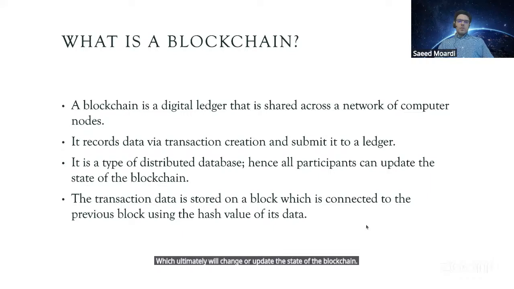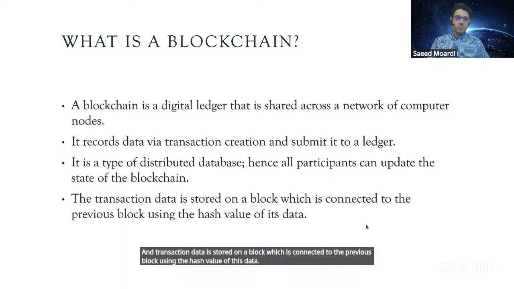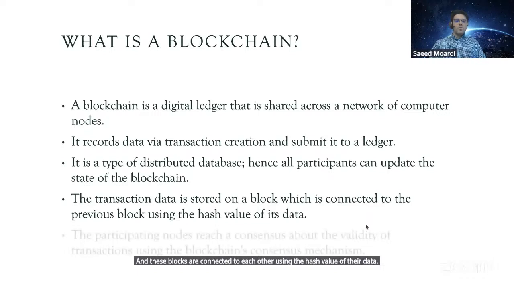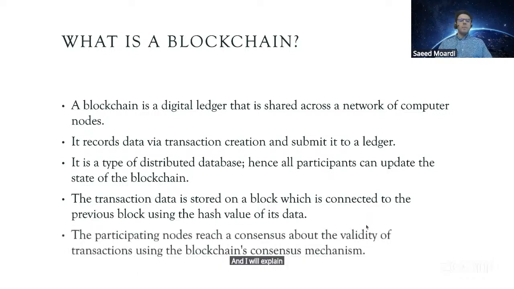Transaction data is stored on a block, which is connected to the previous block using the hash value of its data. So in order to store our transaction data in a blockchain, we have multiple components called blocks, and these blocks are connected to each other using the hash value of their data. I will explain what I'm talking about in the next slide.